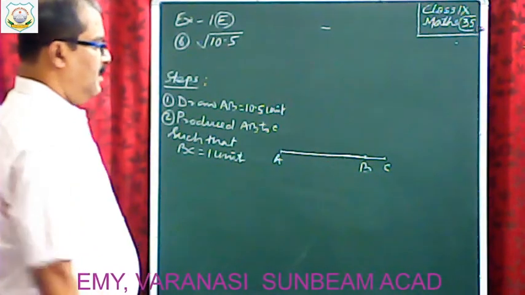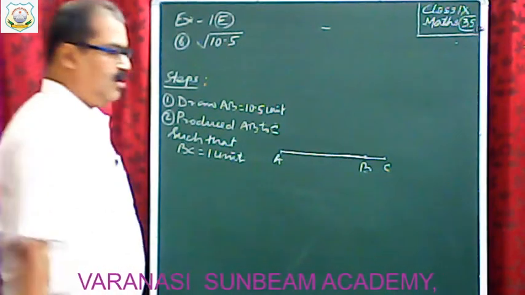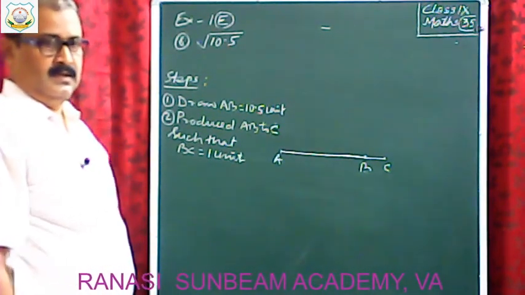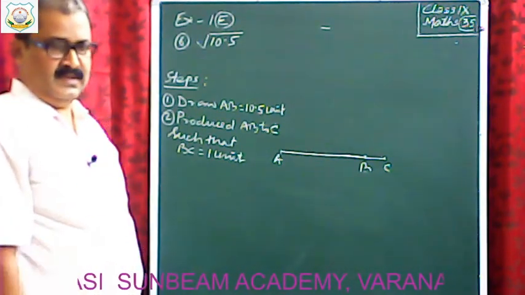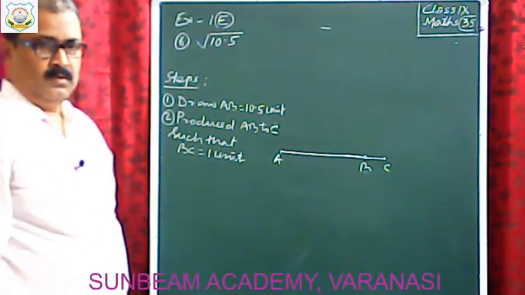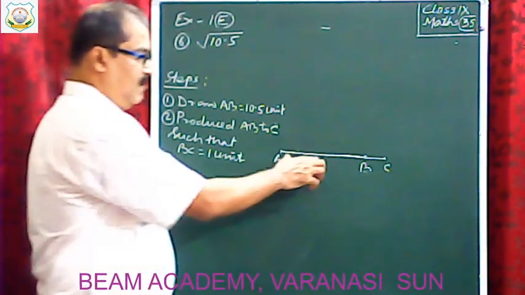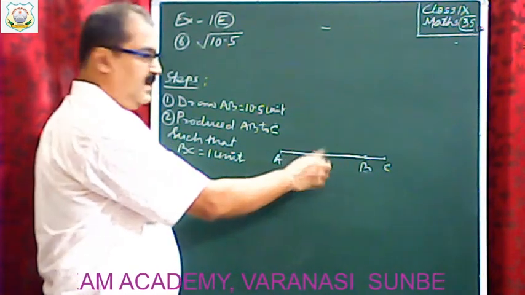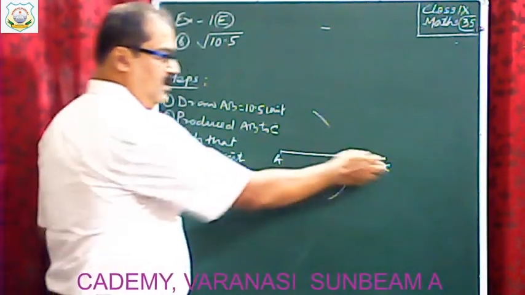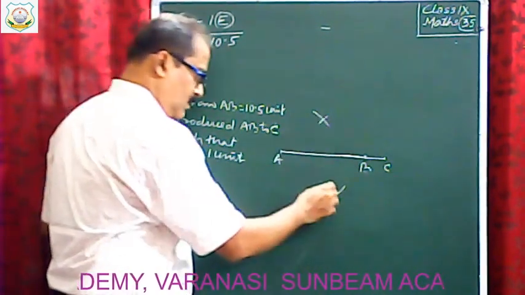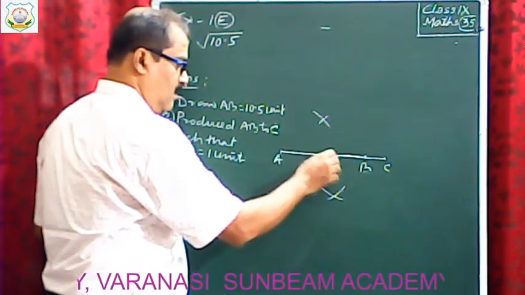Now thereafter, we have to find the midpoint of AC geometrically. AC is a line segment. How? By drawing the perpendicular bisector. With A as center and more than half of the length of AC as radius, draw arcs on either side of AC, and from C, with the same radius, draw arcs on either side of AC, and just mark the midpoint of AC.